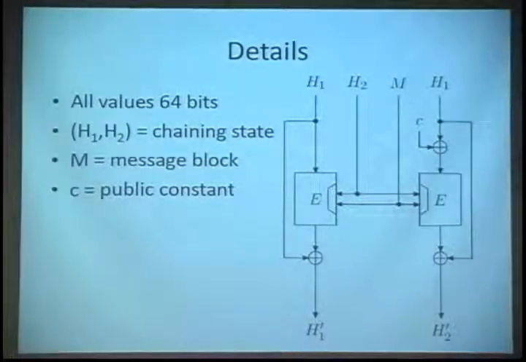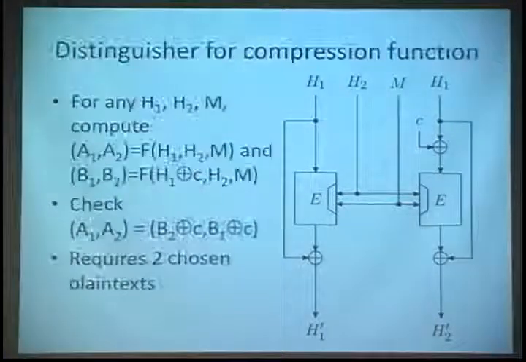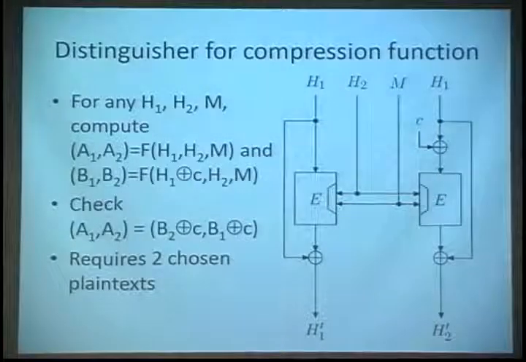So last week we had a cryptanalysis workshop at Microsoft Research, and somebody drew this on the board. I stared at it, and it's kind of obvious, it's a distinguisher for this compression function.